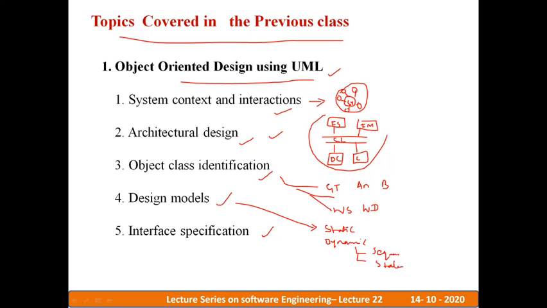The sequence model represents the interactions taking place between the components in the weather system, and the state model represents the state of the system at one particular moment of time and the transitions from one state to another state. Then interface specification is used to specify the interfaces between the components or component parts.